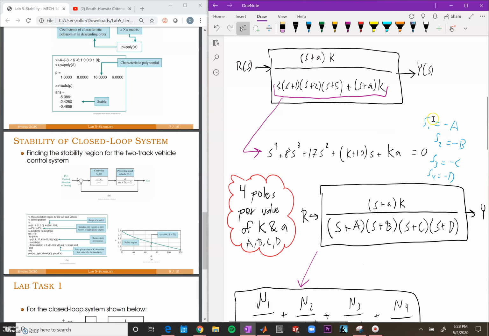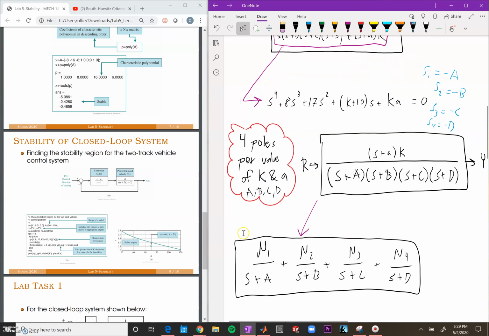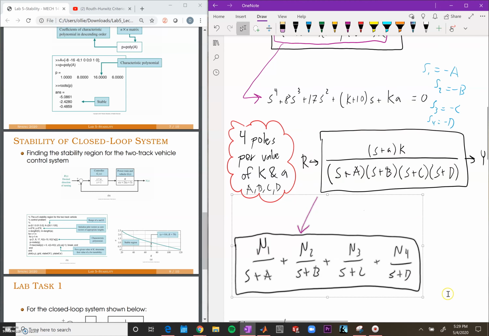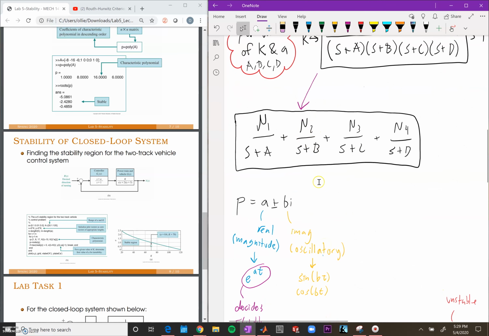Because when S is minus A, that's a pole of the system, since this goes to 0 and the whole denominator goes to 0, and that's what poles do. They make the denominator 0. So we can turn this into this expression using partial fractions, I think. And that'll be important in a second.